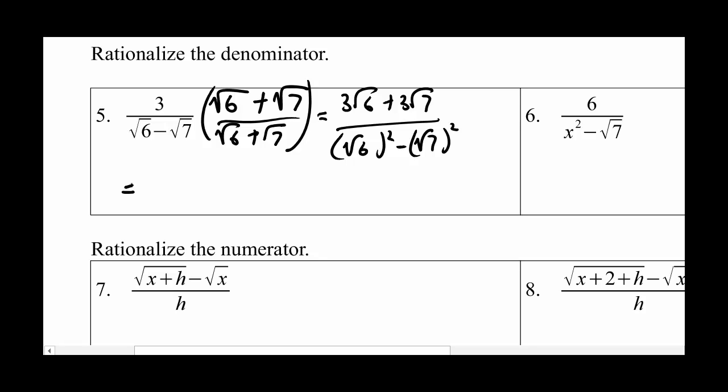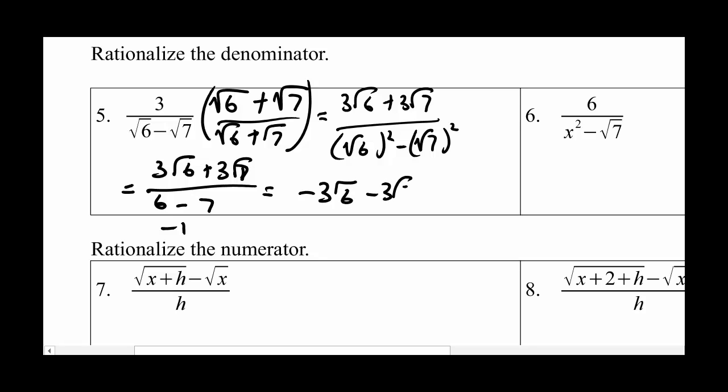So we get square root of 6 squared minus square root of 7 squared. Okay, so then we get 3 squared, so the numerator is going to stay the same. Denominator, we just end up with 6 minus 7, which is actually negative 1. So we get negative 3 square root 6 minus 3 square root 7. And that's a perfectly fine answer. Nothing wrong with that at all.